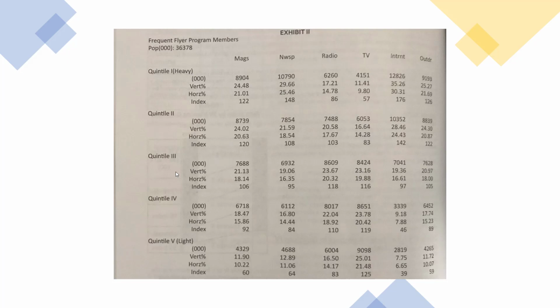If you're familiar with index numbers, which we covered in earlier sessions, it should be very straightforward. All we need to do is look at quantile 1 and quantile 2 and make some decisions. An index above 100 tells you that there is very good potential for a particular group to be using that particular medium. So this is very, very straightforward.